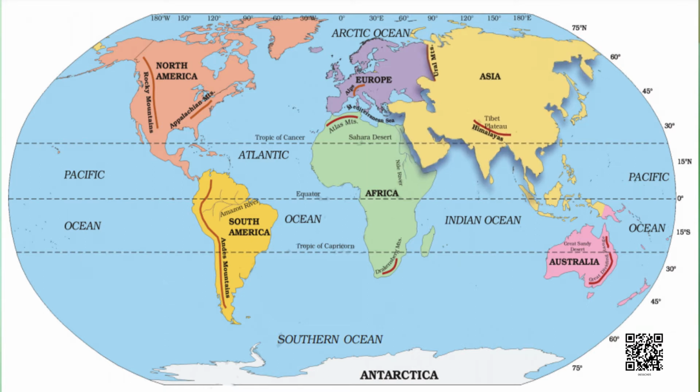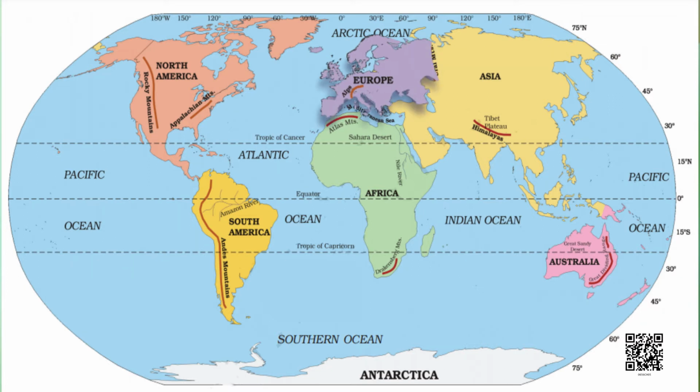Asia is the largest continent. It covers about 1/3 of the total land area of the earth. The continent lies in the eastern hemisphere. The Tropic of Cancer passes through this continent. Asia is separated from Europe by the Ural Mountains on the west. The combined landmass of Europe and Asia is called Eurasia.